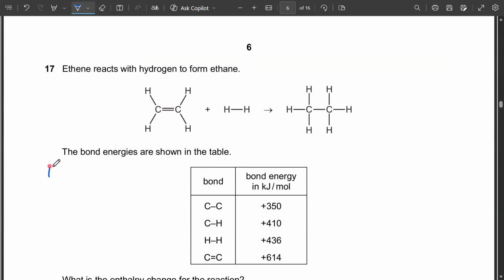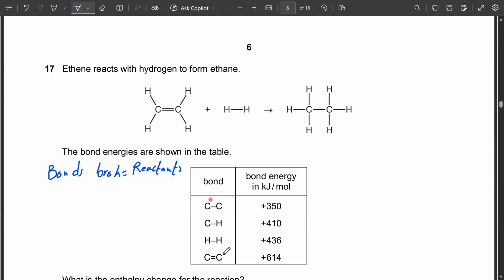Bonds broken are for the reactants. So if you're breaking the bonds, you are doing this for the reactants. Here in this case, the reactants are ethene and hydrogen molecules.